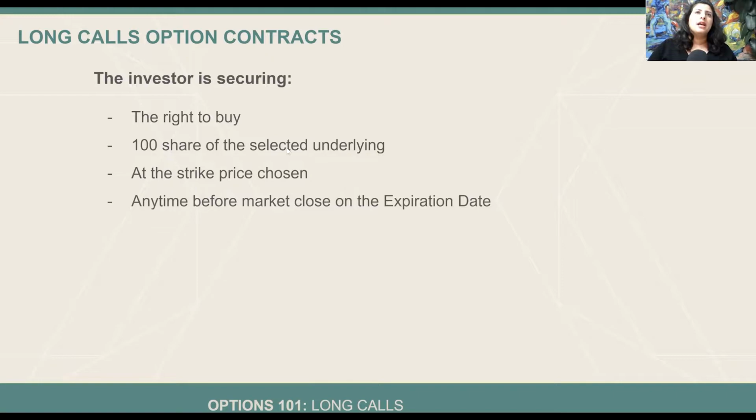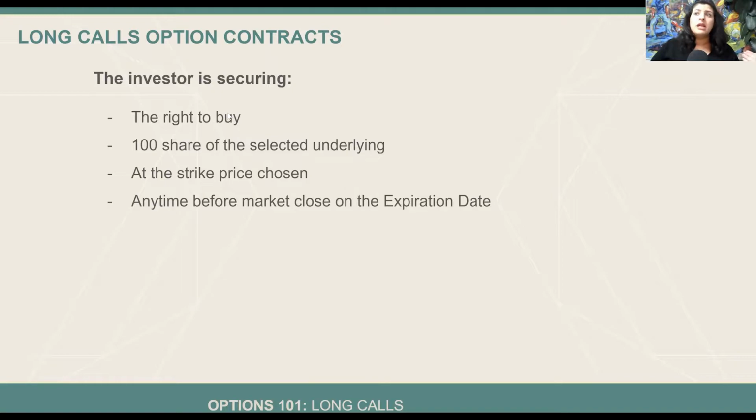So when we say the right to buy, you are essentially entering a contract where you are telling the broker that you would like to buy, let's say, Apple at $120.